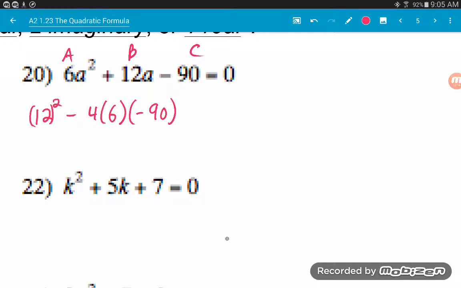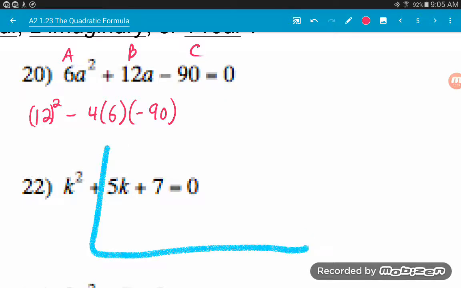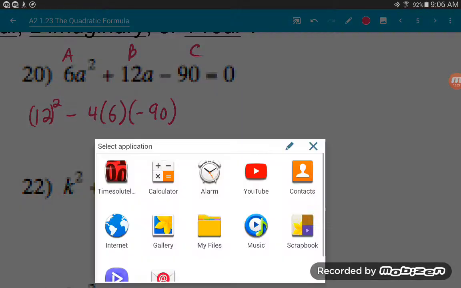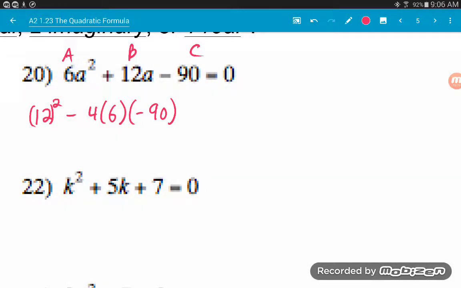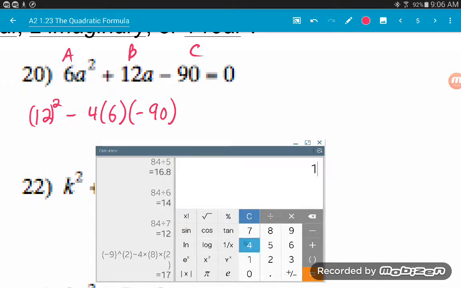So I'm going to use an on-screen calculator. I know the 12 squared is 144, so I won't even bother plugging that in. So 144 minus 4 times 6 times negative 90.